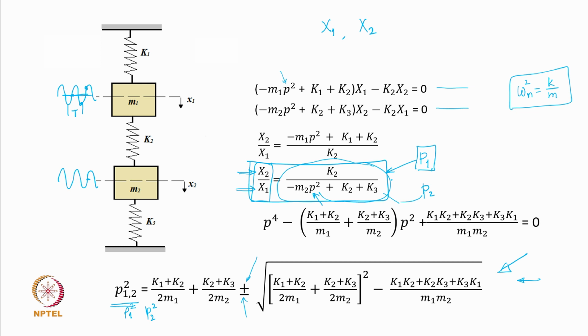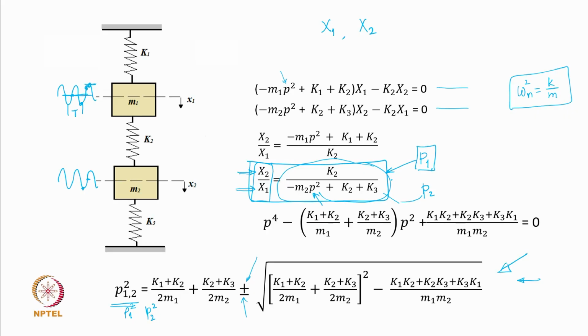When I say they will reach their peak value, it does not mean that they will both reach their peak positive value. This may reach peak value negative and this will reach peak value positive, but they will reach the peak value simultaneously at the same time. That is the basic thing, relating the physical motion with the mathematical expression here.